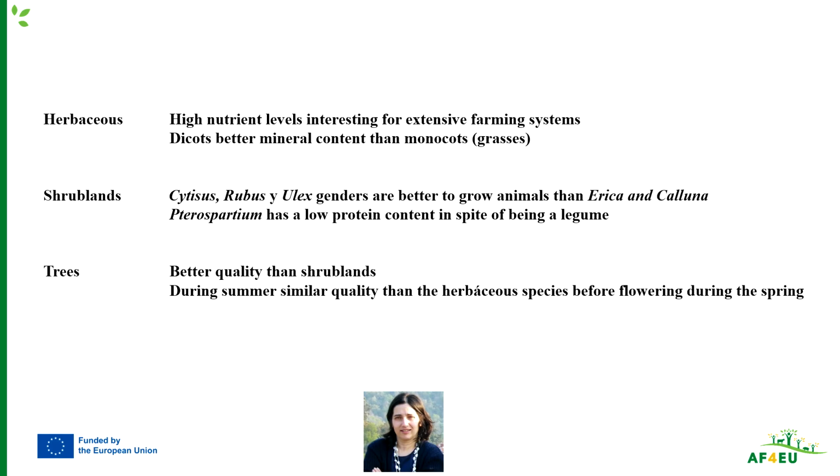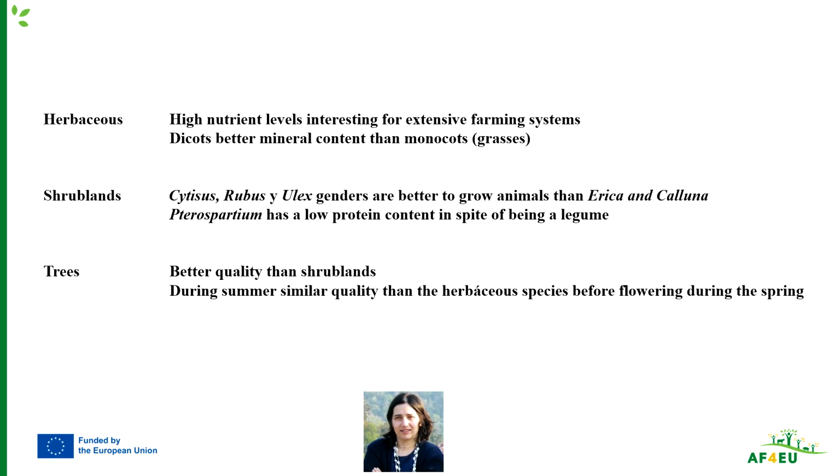With regard to shrublands, Cytisus, Rubus, and Ulex genera are better for growing animals than Erica and Calluna, usually associated with poorer soils. Pterospartium, in spite of being a legume, has a low level of protein content, but in marginal areas, for example, goats really love to consume it.